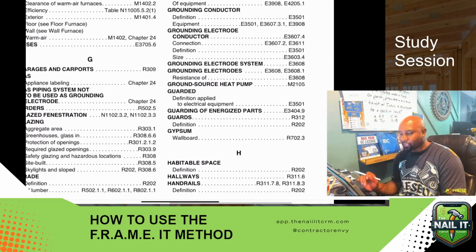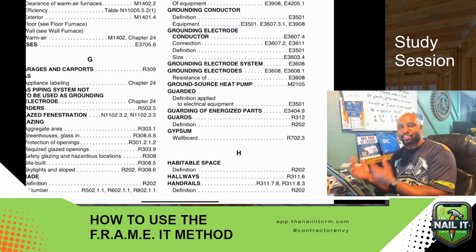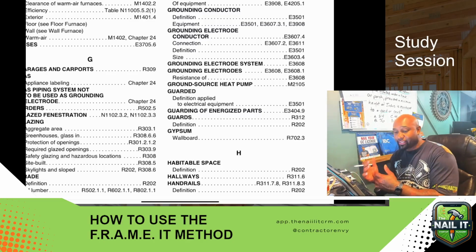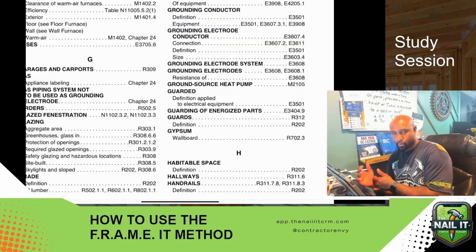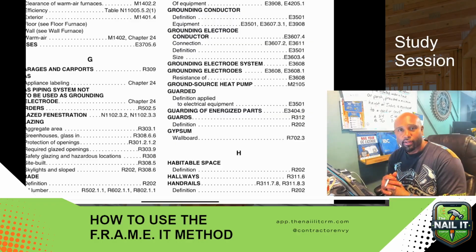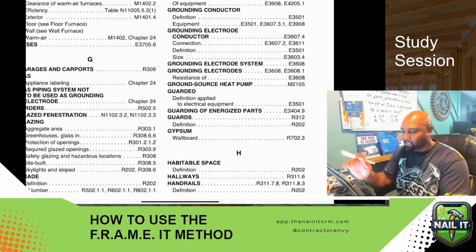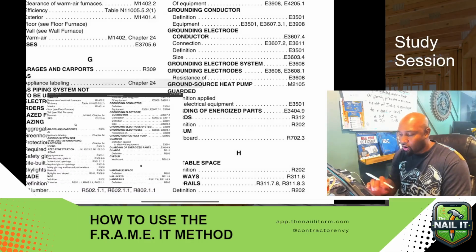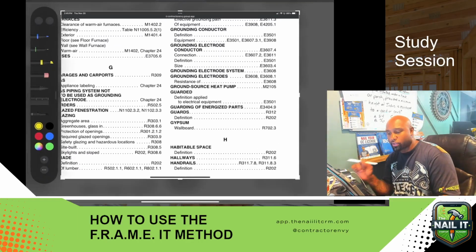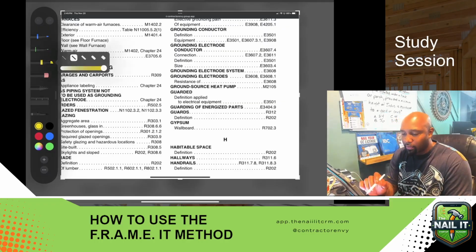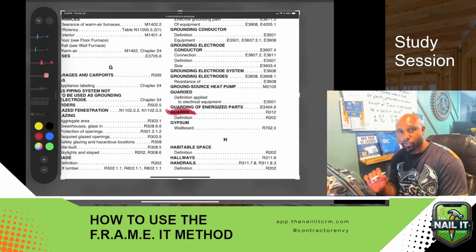Now, notice that when we're on the guard section, there isn't guardrails in there, but there's guards. Y'all see that right there? Everybody see it? There's not guardrails, there's guards. So isn't that our keyword? Guards.